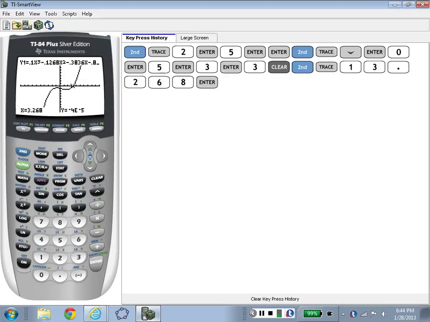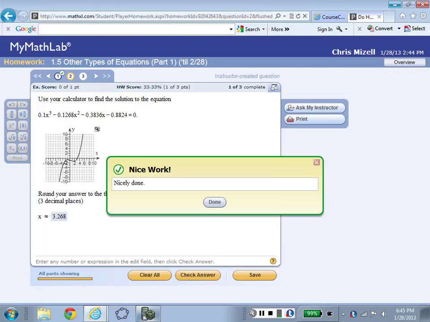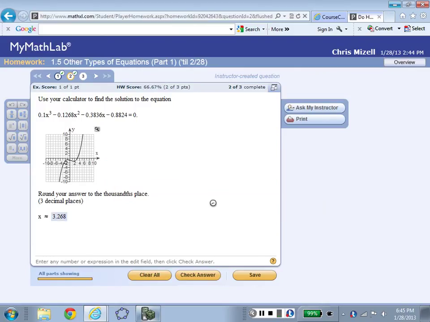Scientific notation, negative 4 times 10 to the negative 5th power. It's just a really small number. It gets not exactly 0, but really, really close. So let's make sure 3.268 works, and then we'll move on. 3.268. Yeah. So it's closer than any other number that you would round to 3 decimal places.